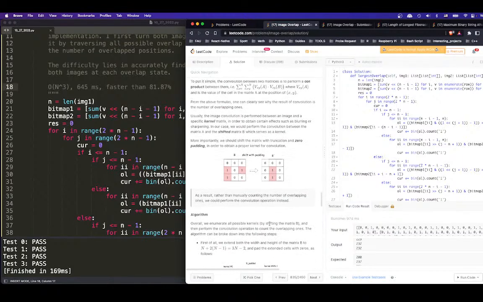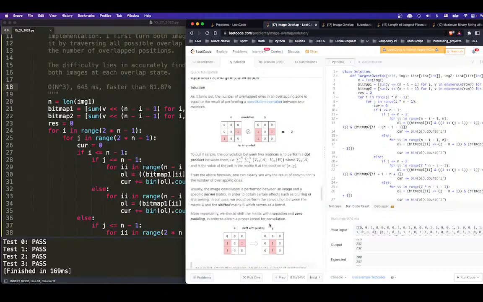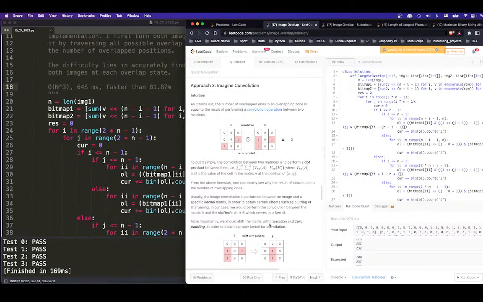Why is the convolution a multiply? Dot product. Ooh, a dot product. Wait, how do you do a dot product between two matrices?